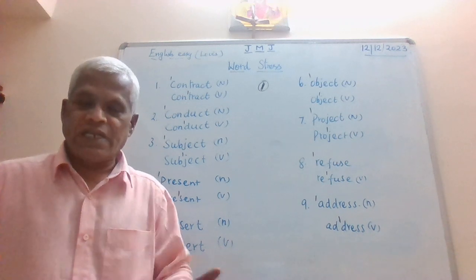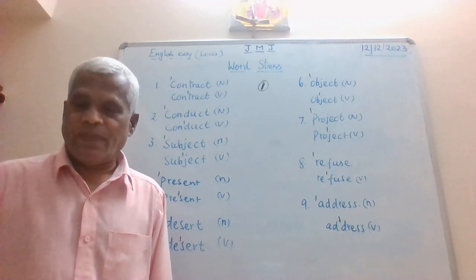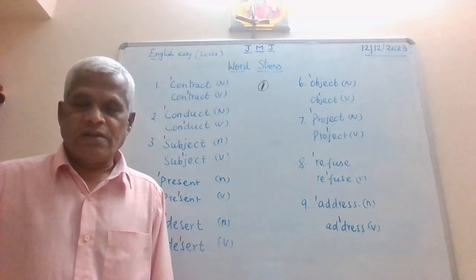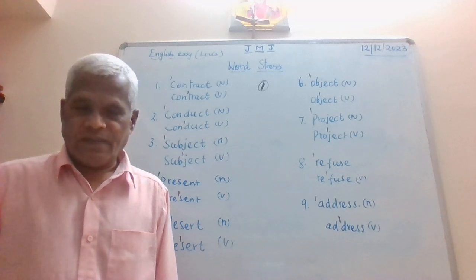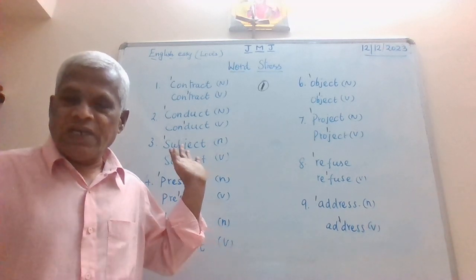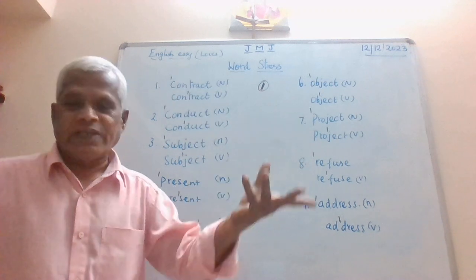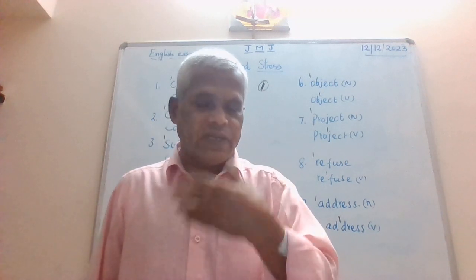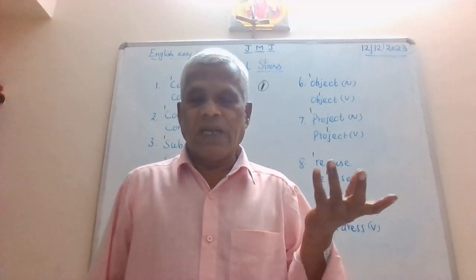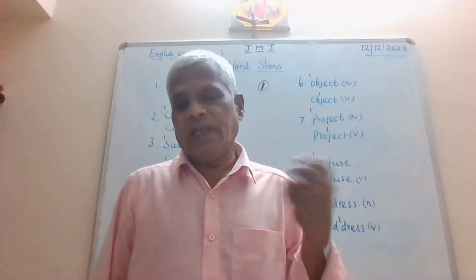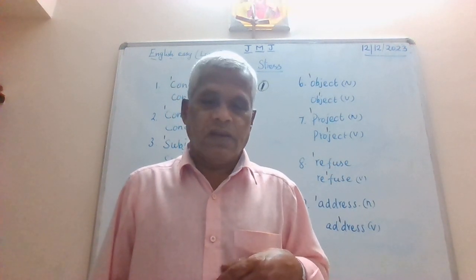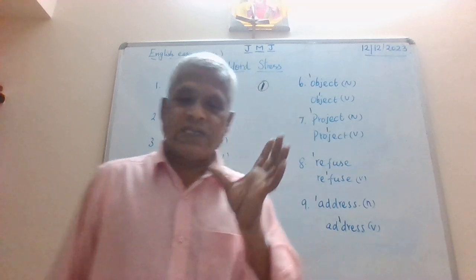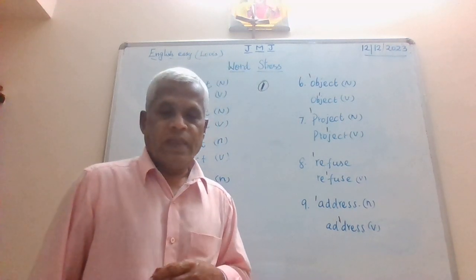The agent in a sentence, the doer of the action, we say: the subject. And here, of course, we can say different subjects also. We have so many subjects, no? The subjects that we study: Tamil, English, Hindi, French, mathematics. All these subjects are all nouns.